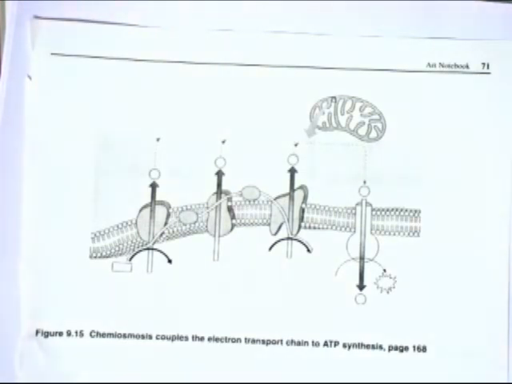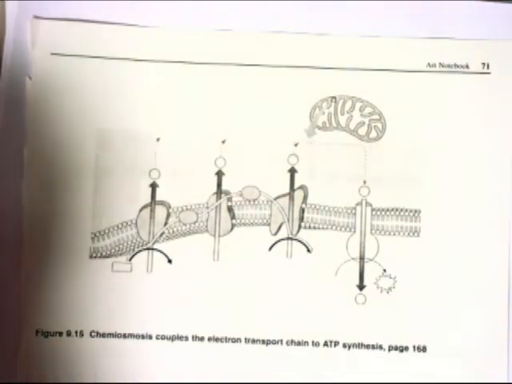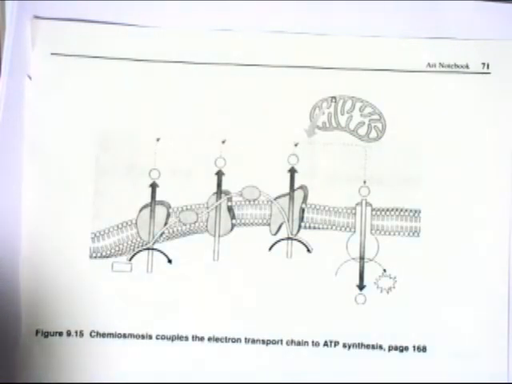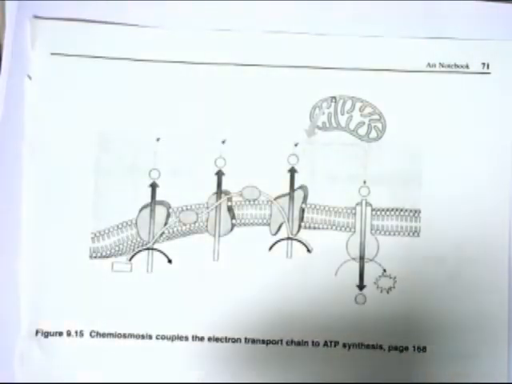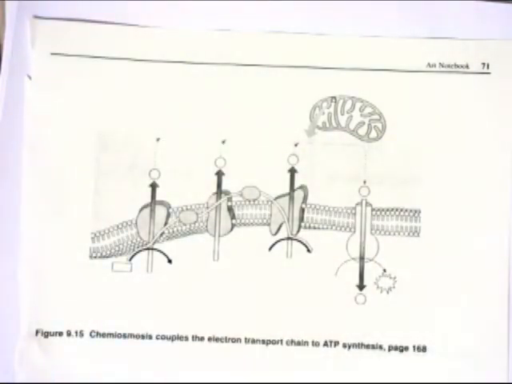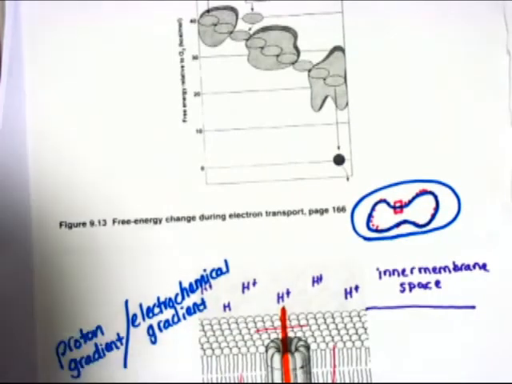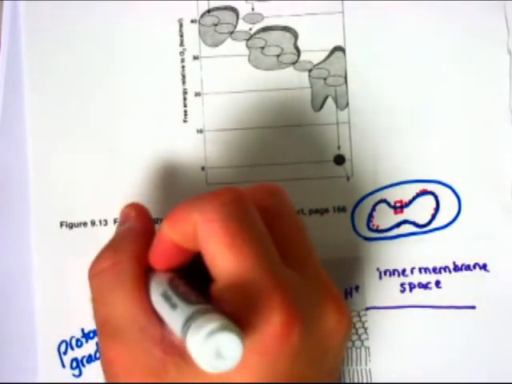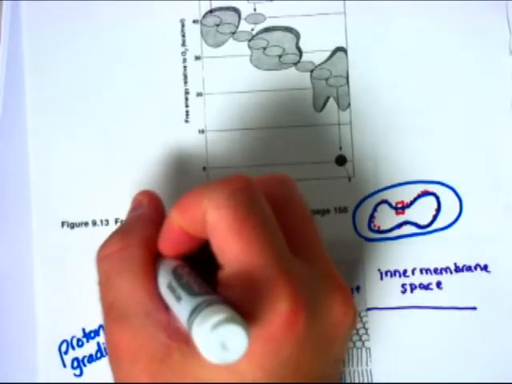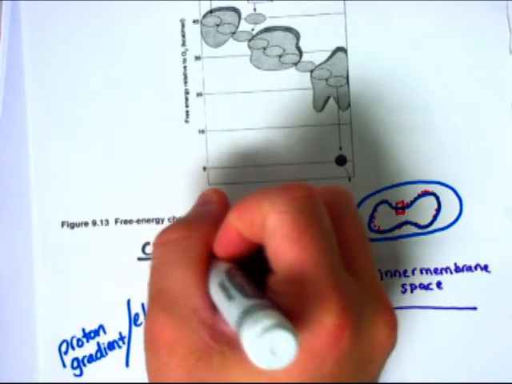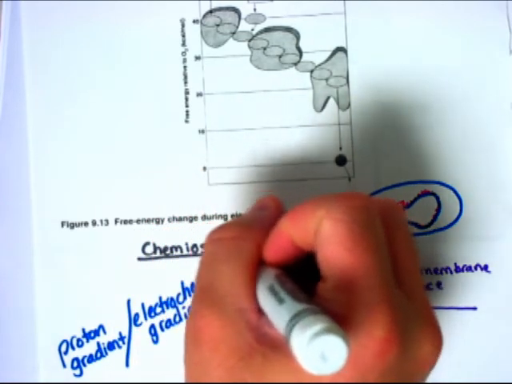Okay. This right here, actually let me go back. If I was to call this picture something, I could say it's ATP synthase, and that's fine, but I like this title better. Chemiosmosis.